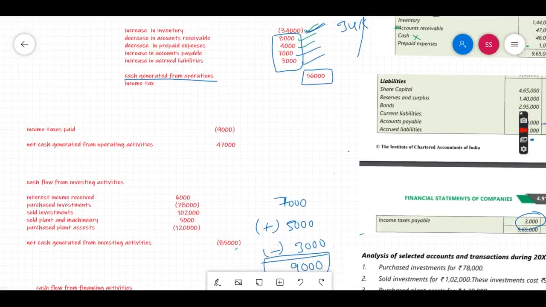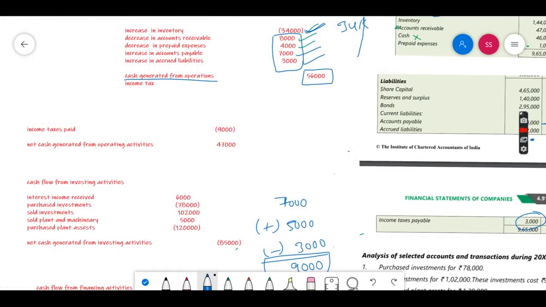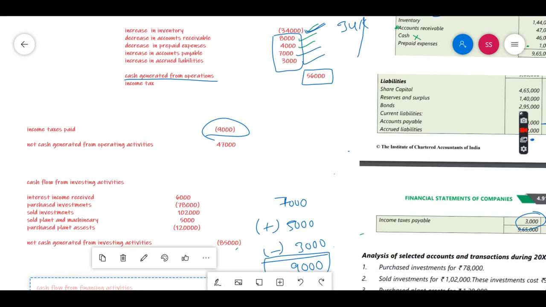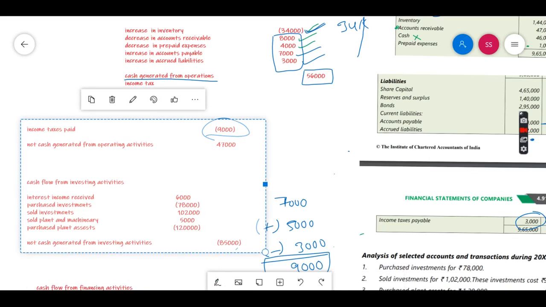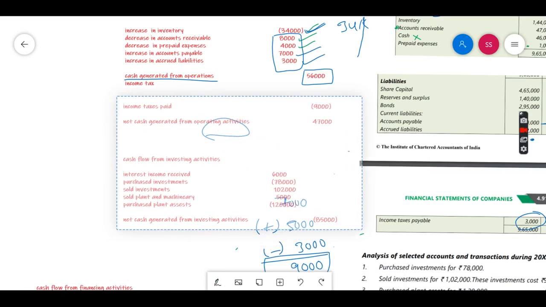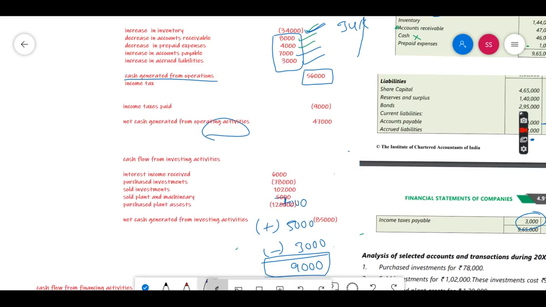So income tax paid during the year is 9,000. So 56,000 minus 9,000, you will get the net cash generated from operating activities, which is 47,000.